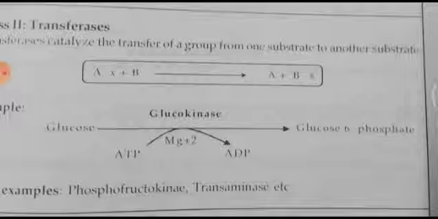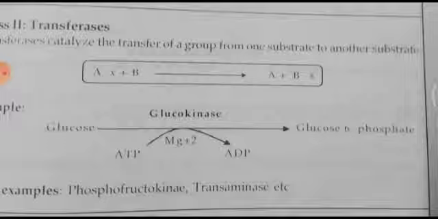One of the phosphates from the ATP is transferred to glucose, and it is attached to the sixth carbon of the glucose. Only one phosphate is transferred, attached to the sixth carbon. That's why it is called glucose 6 phosphate.